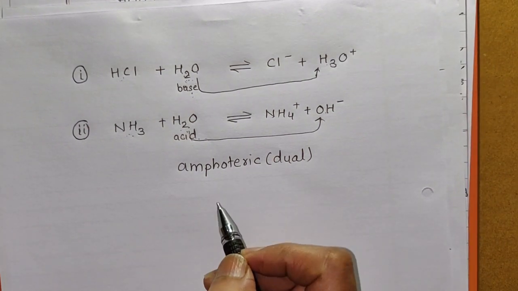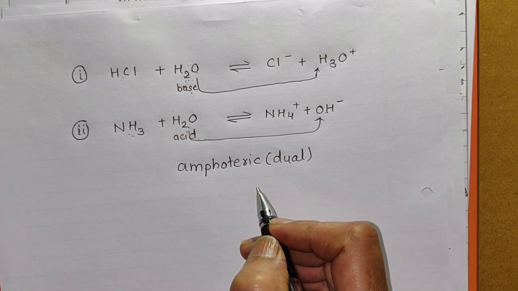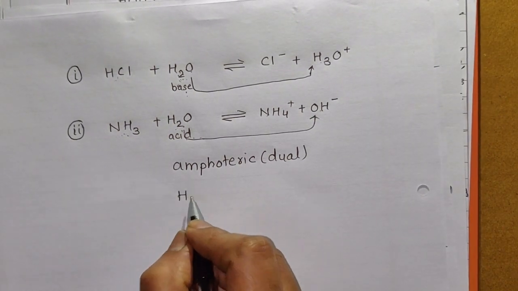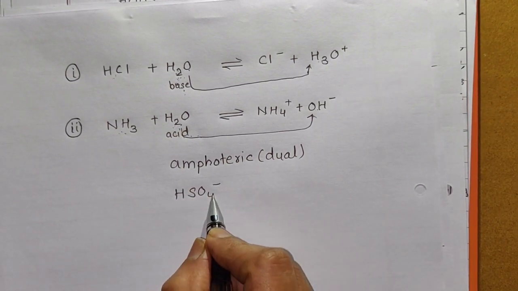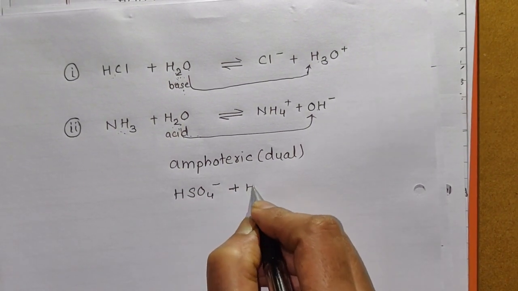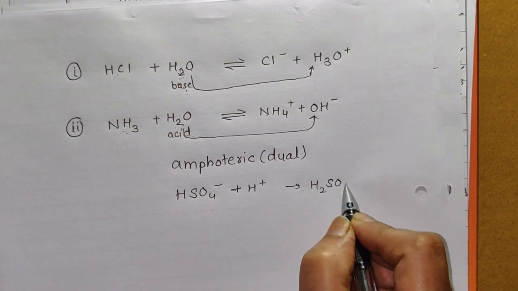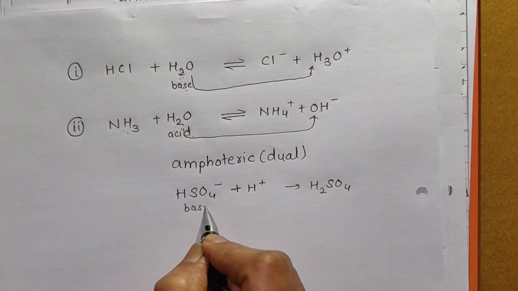Like water, there are some other substances also which can act as acid as well as base. For example, suppose we have the HSO4 minus ion. HSO4 minus ion can accept proton and gets converted into H2SO4. So it accepts proton and therefore it is a base.